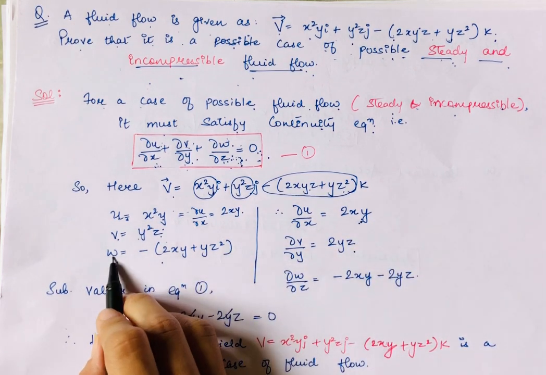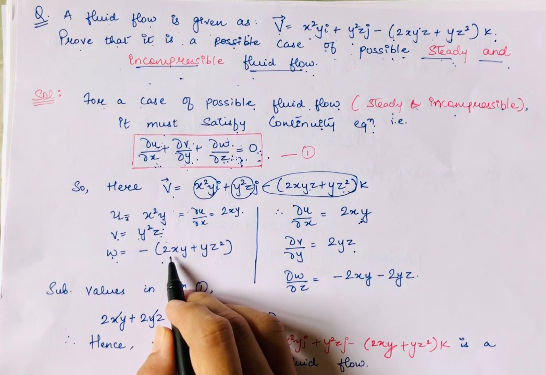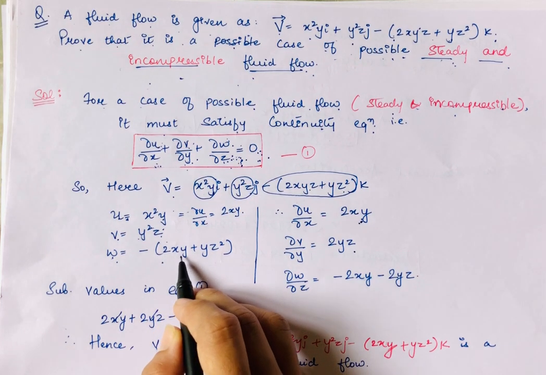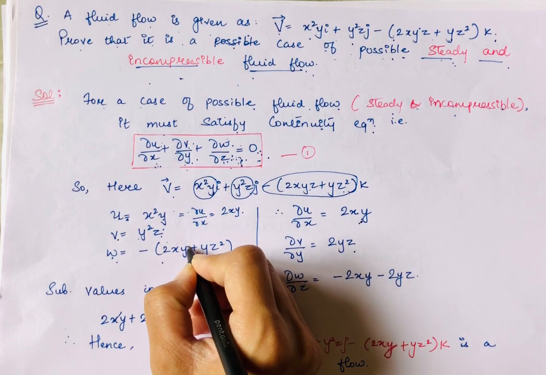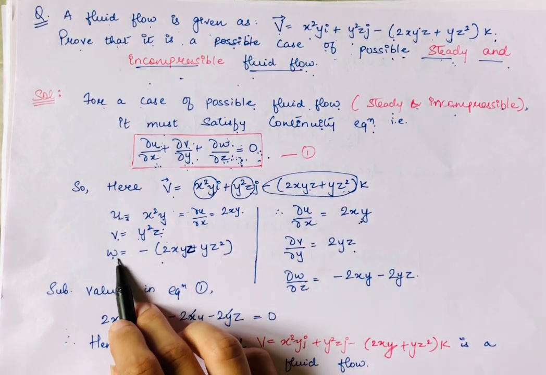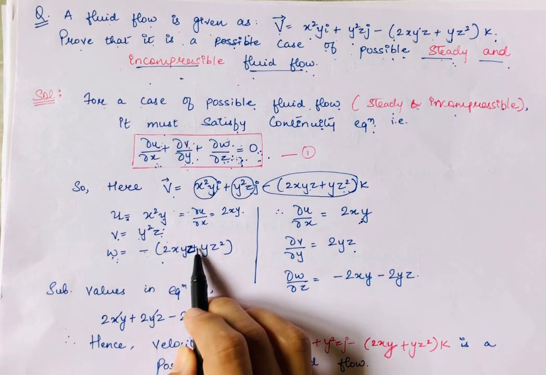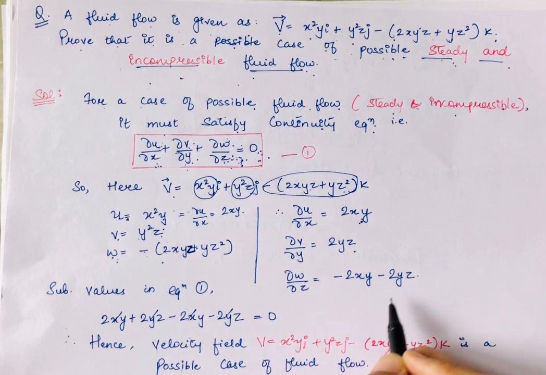And what will be del w by del z? Sorry, here I forgot to write z. Here there is z, so del w by del z would be minus 2xy, and minus plus will become minus.